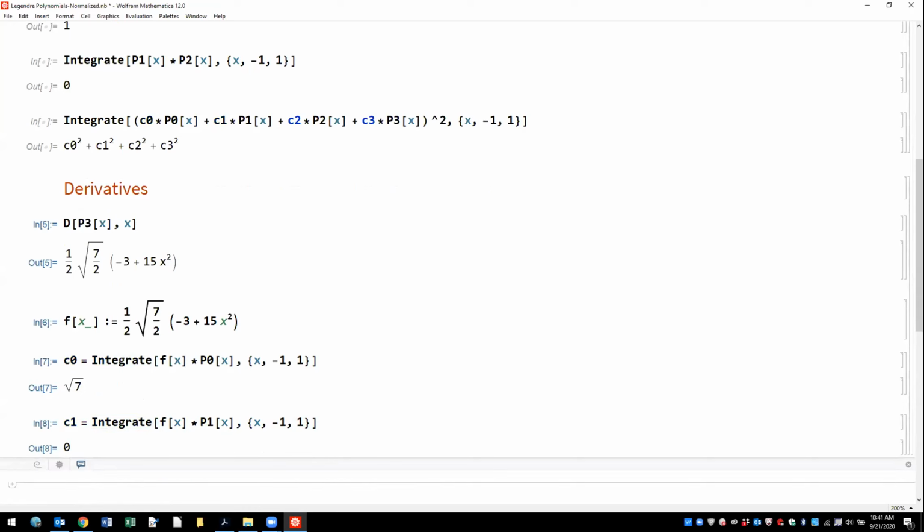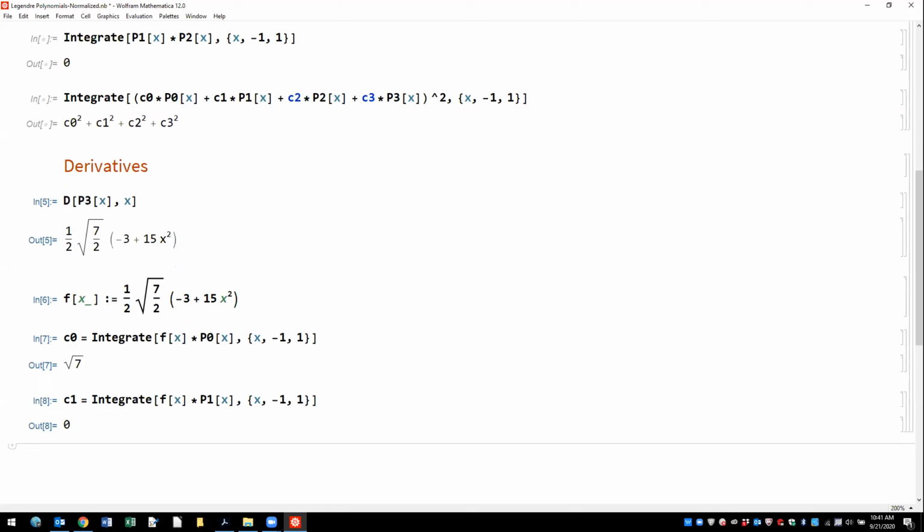And lo and behold, that's 0, because the even function up here, and this is an even function, when multiplied by an odd function, P1, gives us an odd function. And the integral of an odd function from -1 to +1 is just 0.